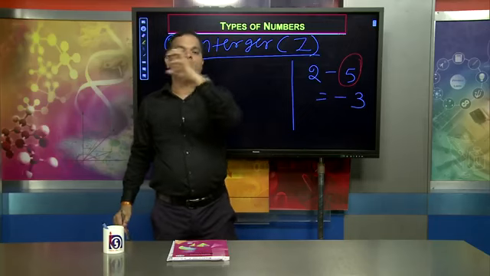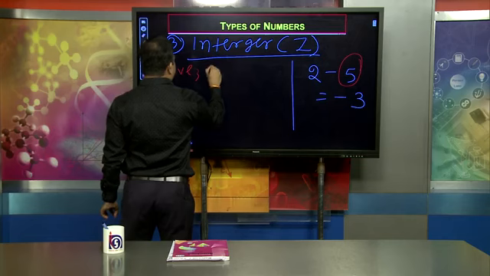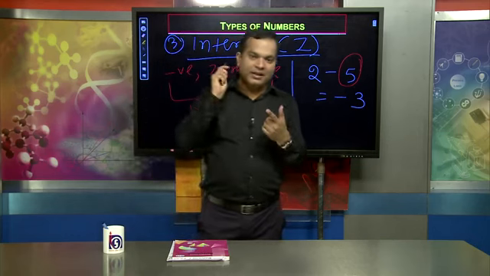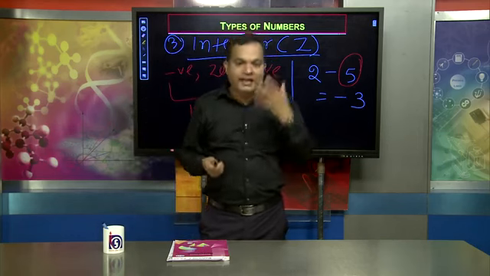When we include negative numbers with the whole numbers, that is negative numbers, 0, and positive numbers, when we combine all three categories of number, then we get the integers.